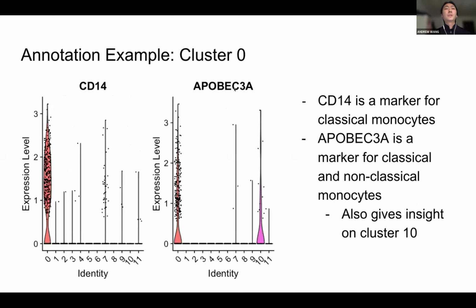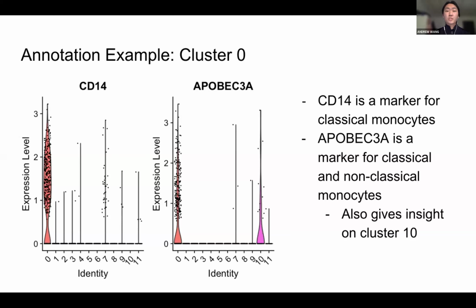Here's an example of an annotation that I did. If you remember from a few slides ago, CD14 is a marker gene for classical monocytes, and it was strongly correlated with cluster 0 in my dataset. When I did violin plots, the same pattern appeared, so I had pretty strong evidence that cluster 0 corresponded to classical monocytes. But to make sure, I also plotted another marker gene, APOBEC3A, which is a marker gene for non-classical monocytes.